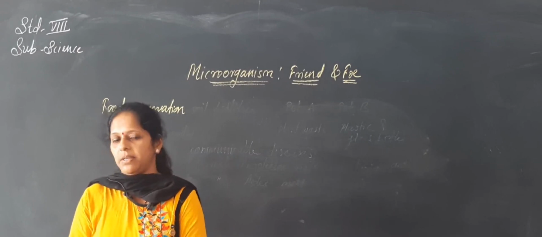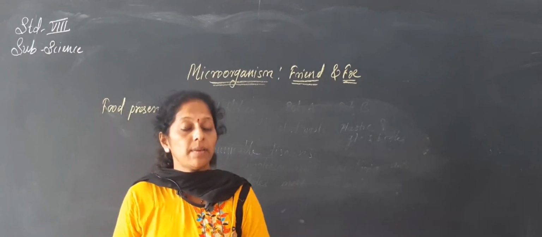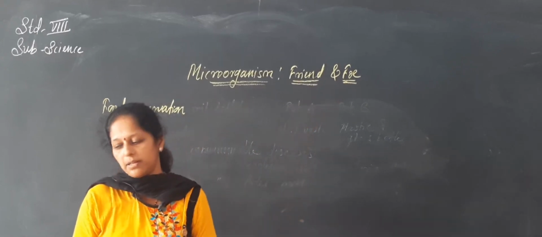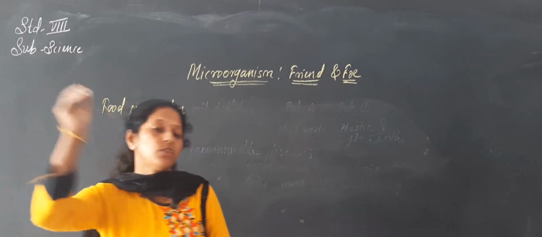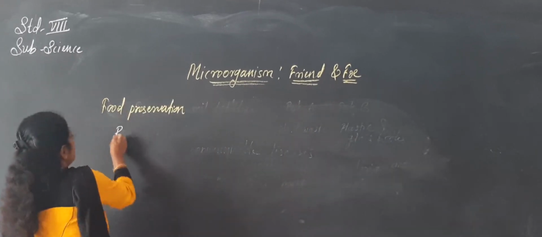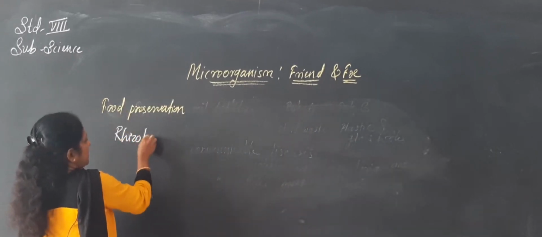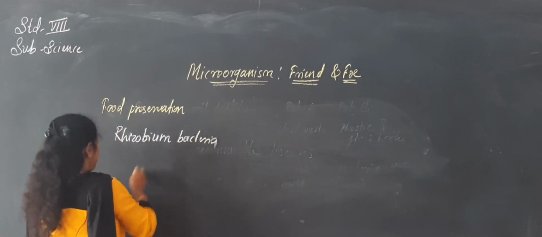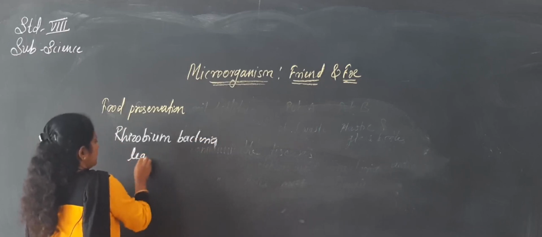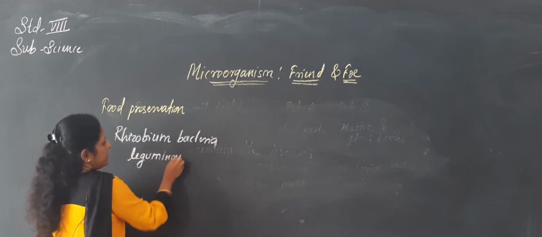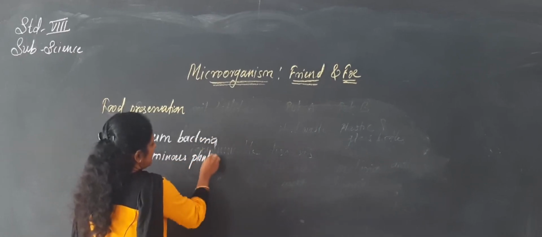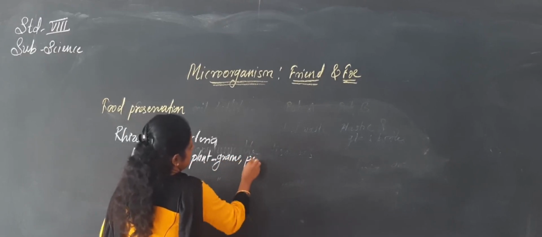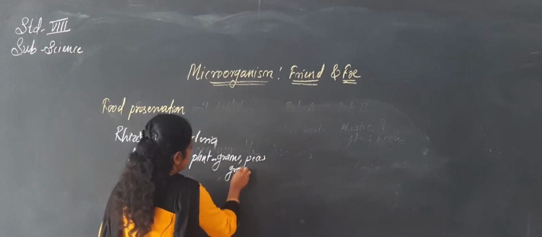Next is nitrogen fixation. There are two types of nitrogen fixation: nitrogen fixing in the soil is different, and nitrogen fixing in the root nodules is different. Rhizobium bacteria are present in leguminous or dicotyledonous plants, like grams, peas, and groundnuts, which are called leguminous plants.